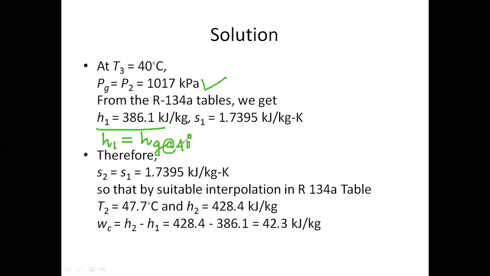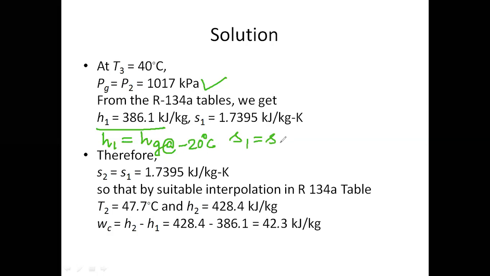I'm sorry, this will be at minus 20 degrees centigrade, and this S1 is the specific entropy of the saturated vapor at minus 20 degrees centigrade. You can verify that.